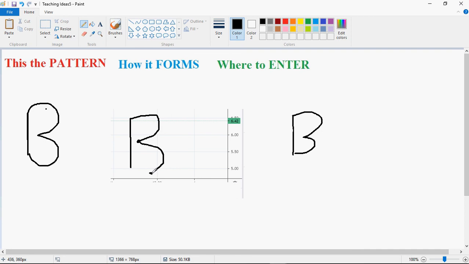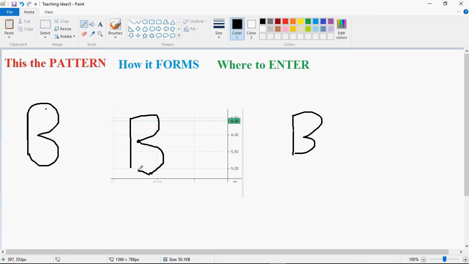Now, let's say it's right here. Which direction is it going to go? Up, down, sideways? Because you don't know. But because you recognize the pattern, you have the completed pattern in your mind, and you see the pattern forming, it helps you know which direction it's going to go. It's going to go slightly up a little bit.